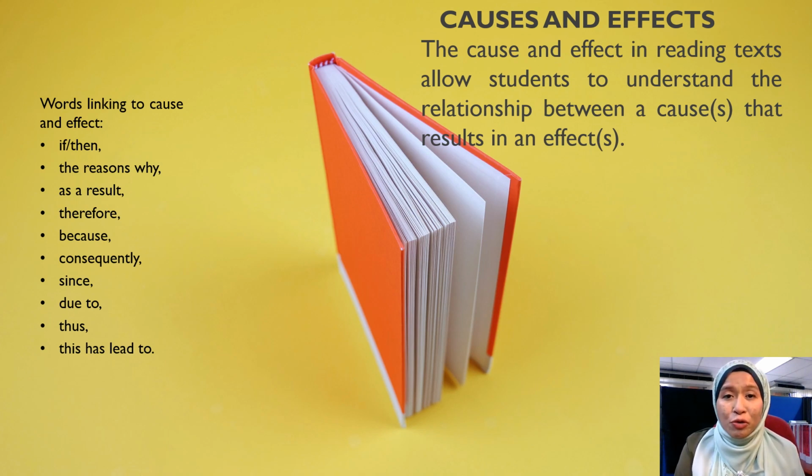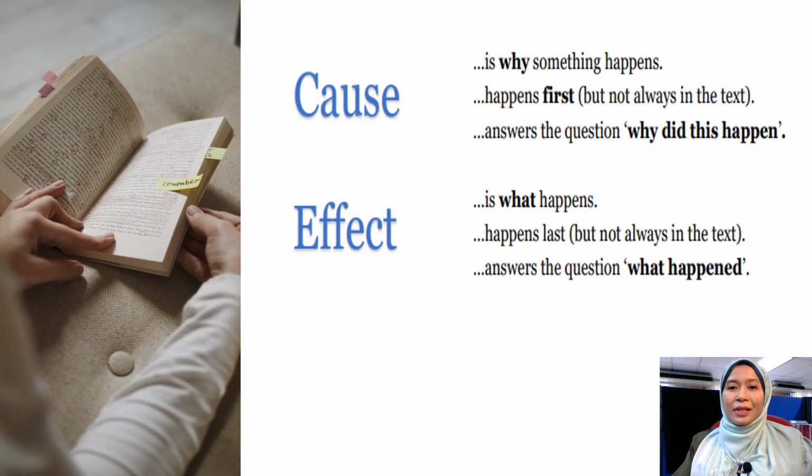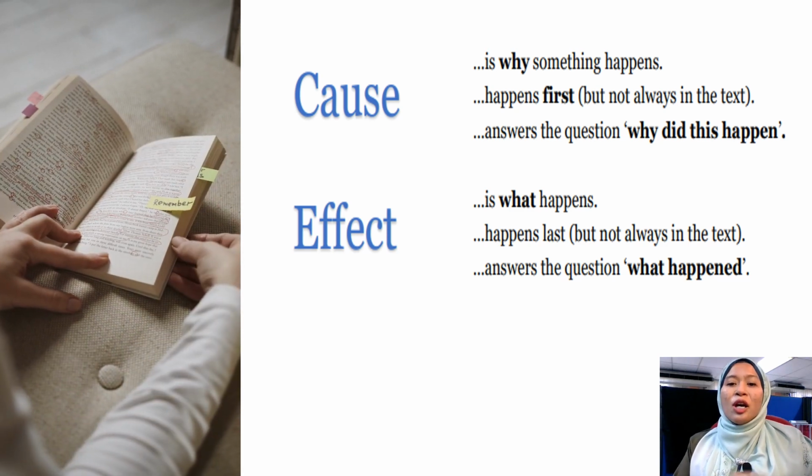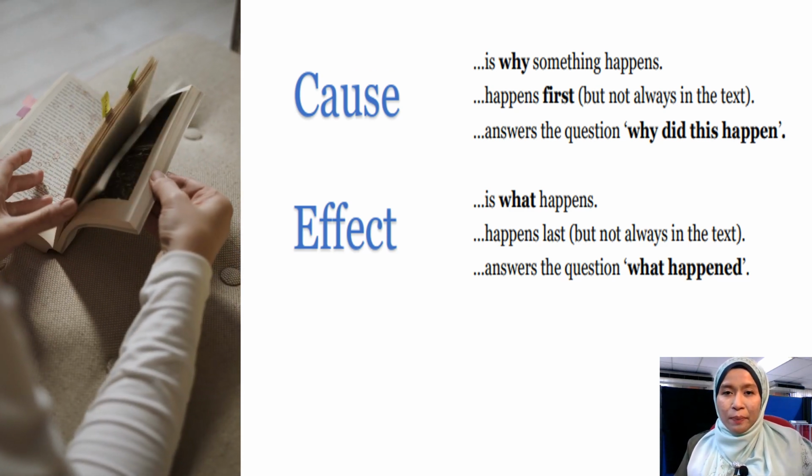So when you are reading for information on the cause and effect, you need to be able to highlight the linking words for you to identify the relationship that is given by the writer. Let's look at what is cause and what is effect. Cause is why something happens.